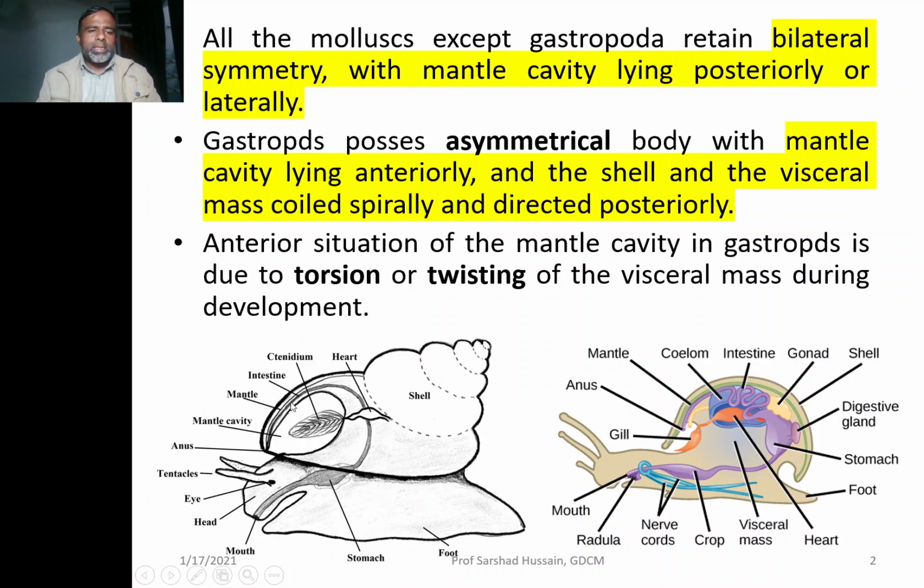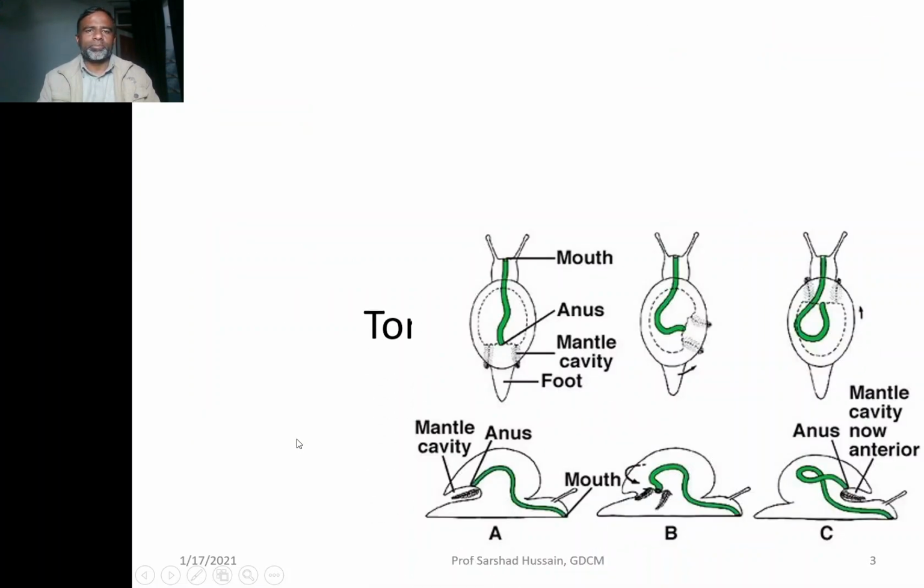Now, this anterior situation of the mantle cavity is brought about in the gastropod by means of a well-known mechanism called torsion or twisting. It is the torsion and twisting of the visceral mass during the development of this gastropod which has brought this cavity at the anterior end.